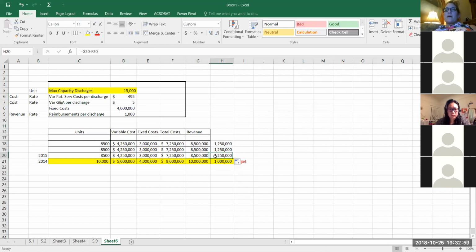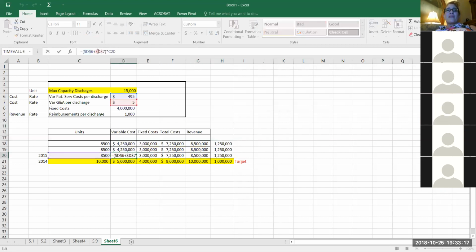I'm going to use this same formula here. Okay, so what's interesting is the 8,500 units. Let me just make sure this is in fact working here. Okay, you know what I think it's doing? No, that's right. Yeah, that's correct. So by taking that $1 million out, we know that we're going to get 1,250,000, right?